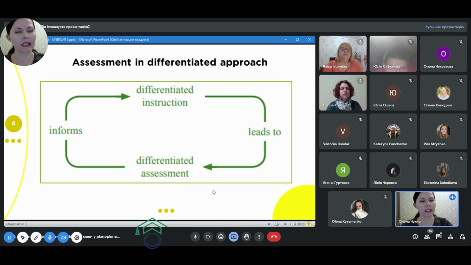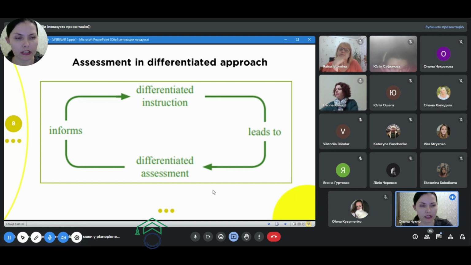Here you can see the connection of differentiated instruction and differentiated assessment. So if you are a proponent of differentiation, you understand that your students are learning at a different pace. And you need to modify your instruction. And you cannot but modify your assessment in response to your students' current level of language command.